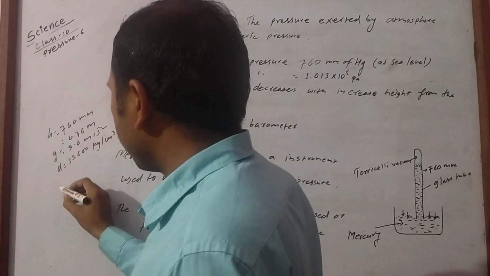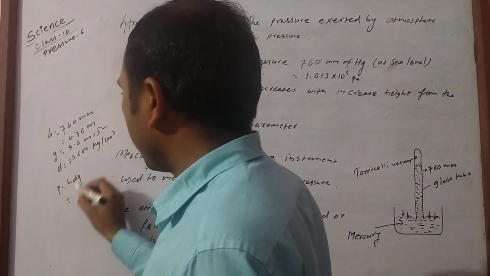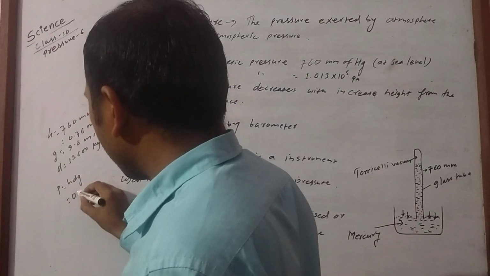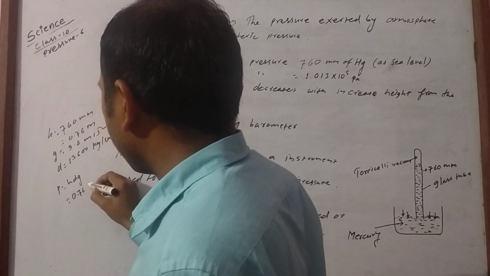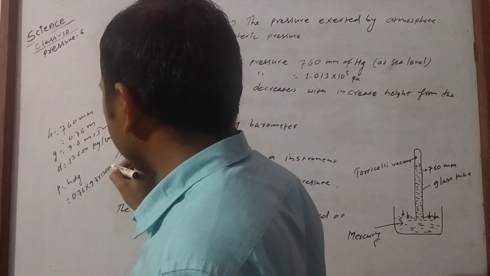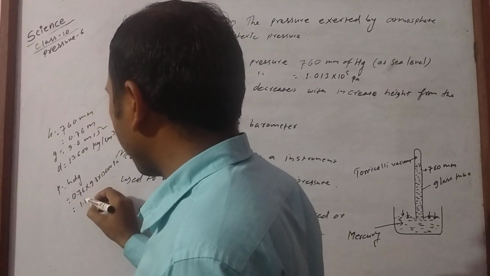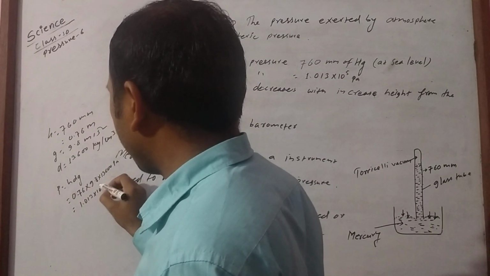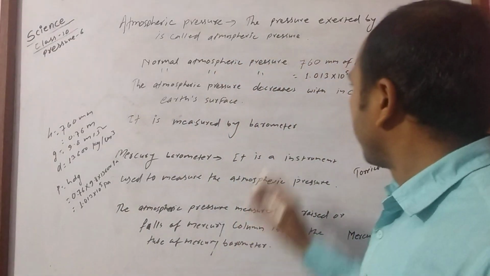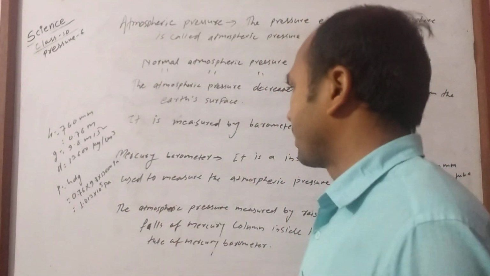When we find the pressure, P is equal to hdg, so 0.76 into 13,600 into 9.8 Pascal. When we calculate, we get 1.013 into 10 to the power 5 Pascal. In this way you can calculate the value of atmospheric pressure in SI unit.